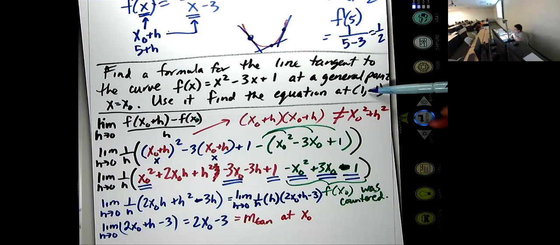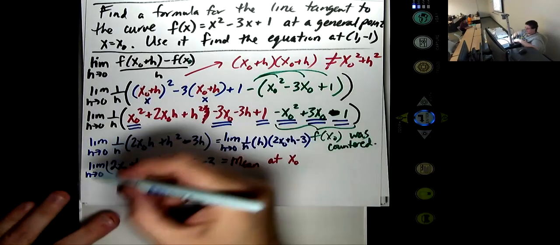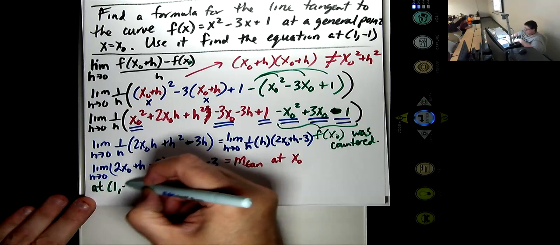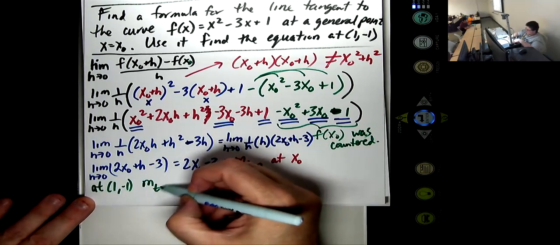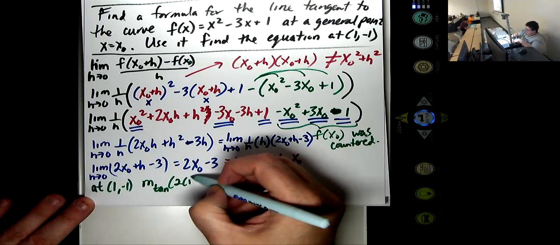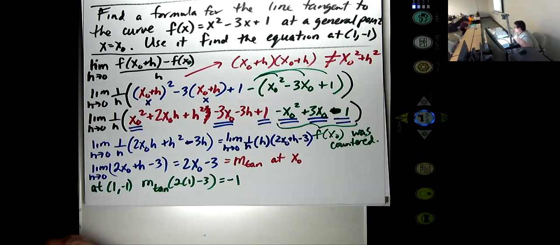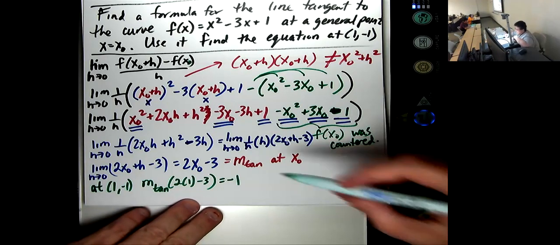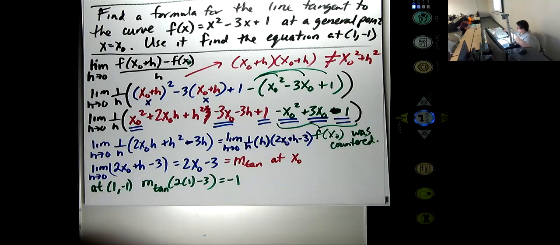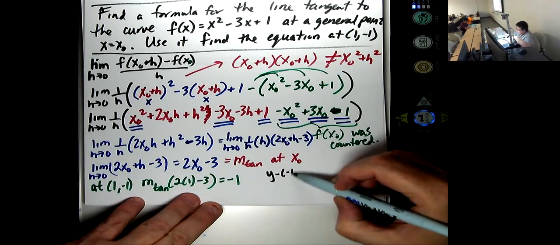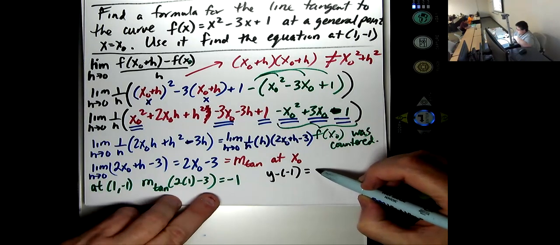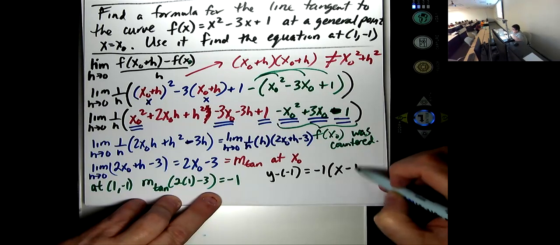Finding the slope at 1, negative 1. So at 1, negative 1, m tangent equals 2 times 1 minus 3, which happens to equal negative 1, which is a coincidence that that's the same value as f of x naught right here. And our tangent line becomes, we have y minus negative 1 equals m, which is negative 1, times x minus x naught.